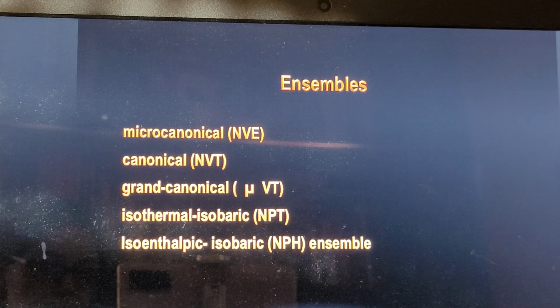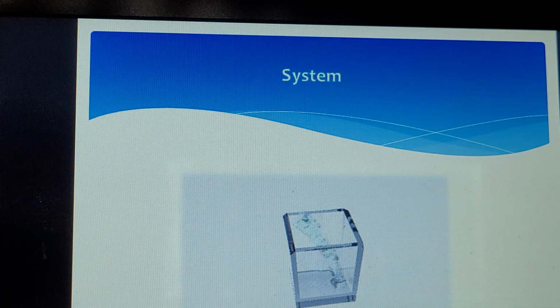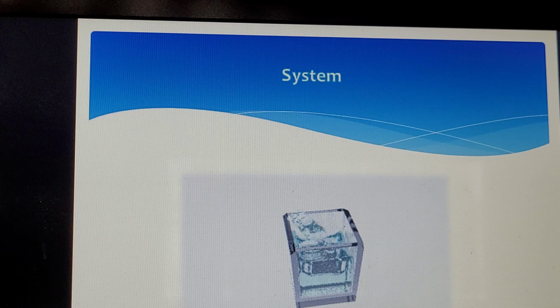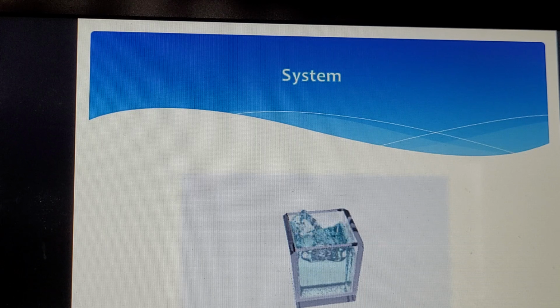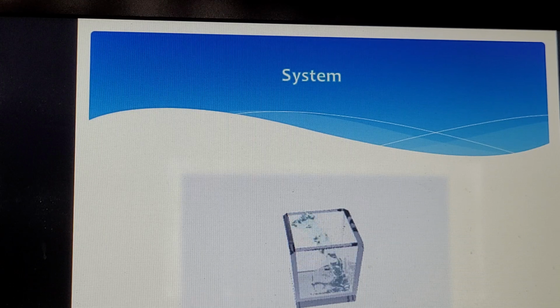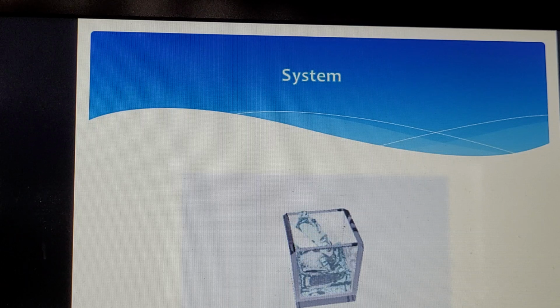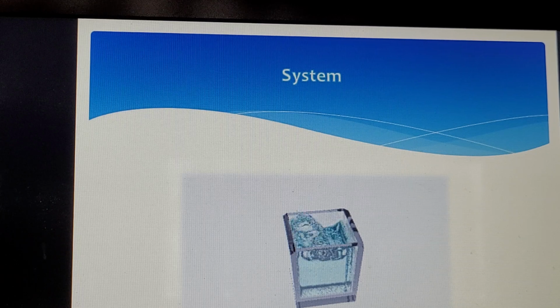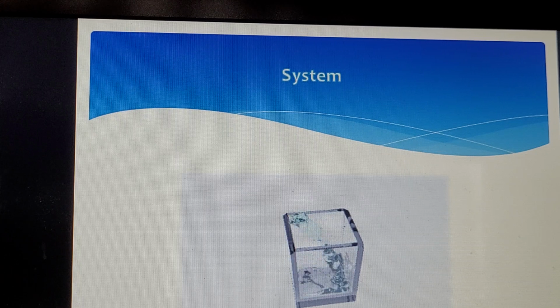So when we are talking about the ensemble, it means we have a configuration of different atoms or molecules which are in interaction with each other. Okay, so consider your system like this: a fluid with a lot of water molecules, or you can consider any fluid in this open box.